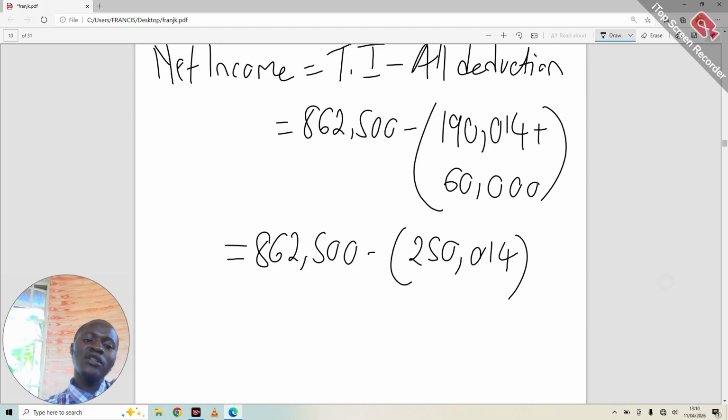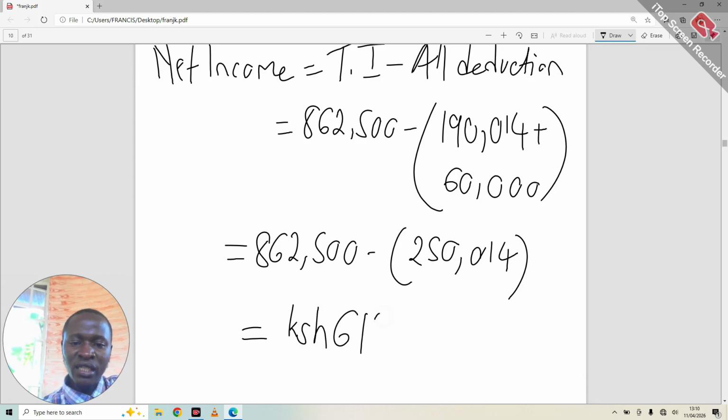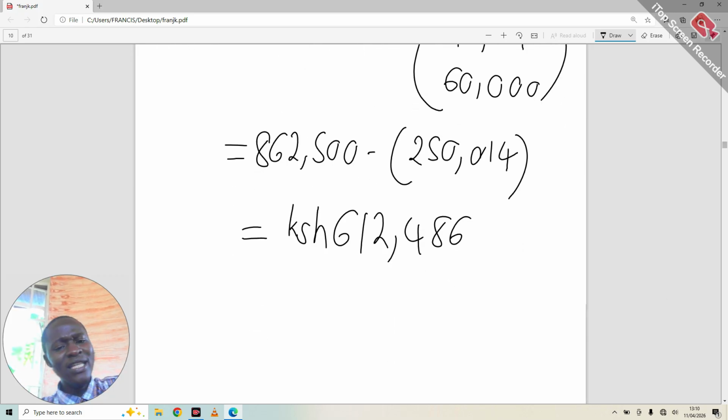That is our total deduction. So guys, it is much easier to get our net income by now subtracting. And when we subtract that, we shall have Kenyan shillings 612,486. Remember, this is not the answer.